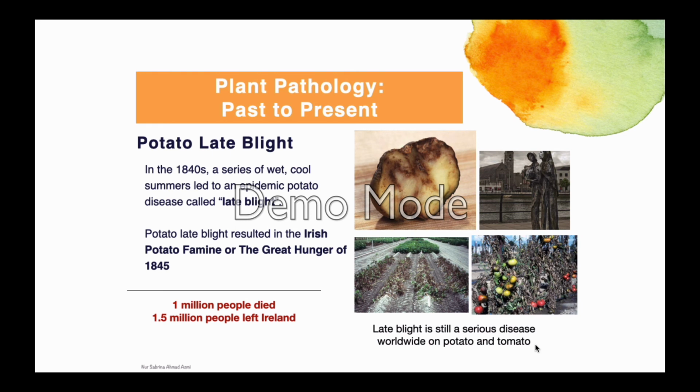With new knowledge and technology, plant pathologists managed to identify the pathogen. They identified that the pathogen that caused potato late blight is actually Phytophthora infestans. During that time, we didn't have genomics technology.